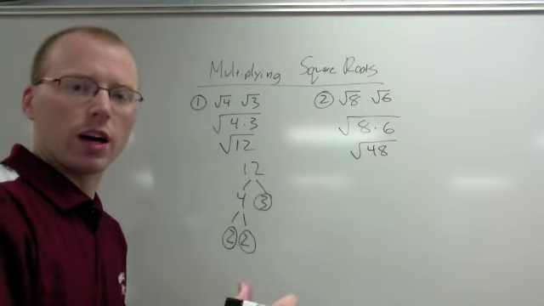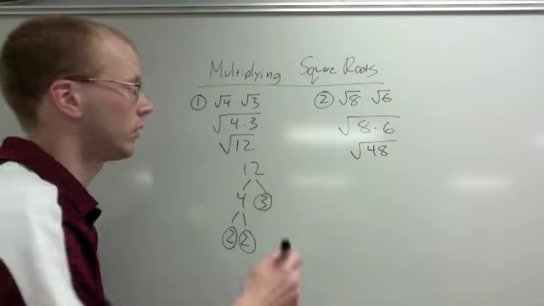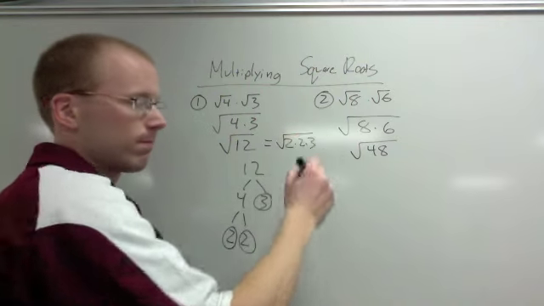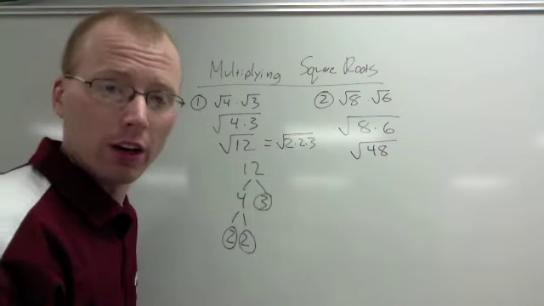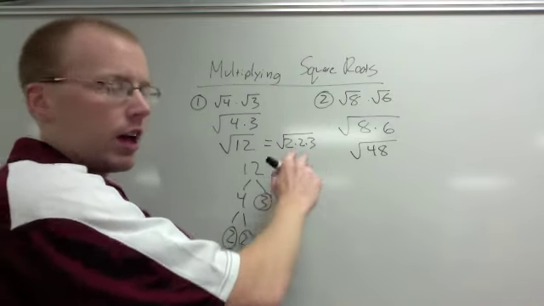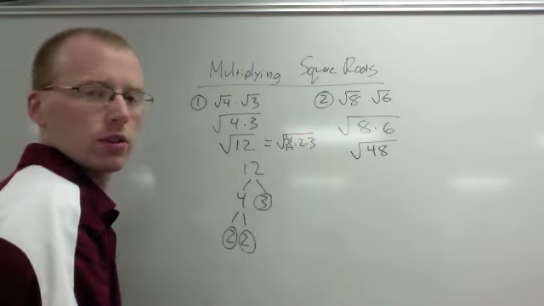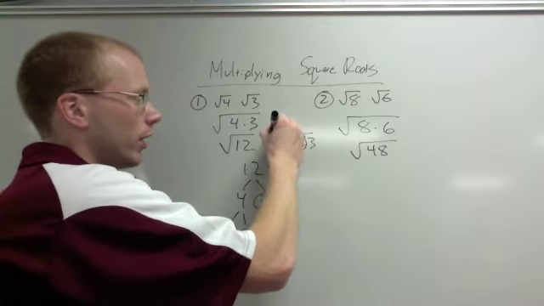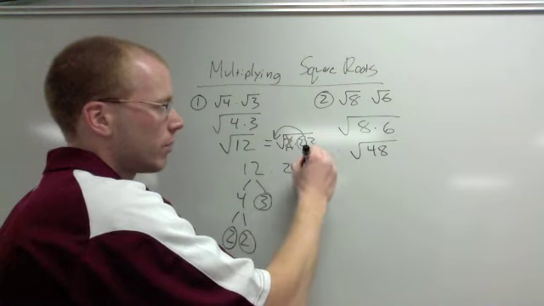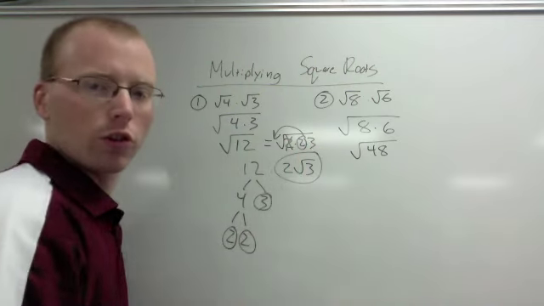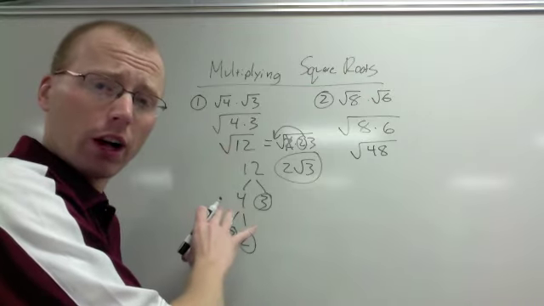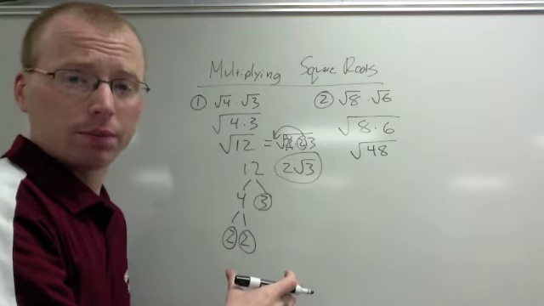So we have 2 times 2 times 3 can write that under our radical. If you remember bail or jail, if we have two factors that are the same, one cancels, the other one goes free. And so my answer now simplifies to 2 square root of 3. So you got to multiply your numbers and then simplify.